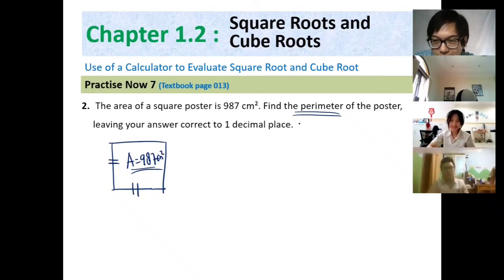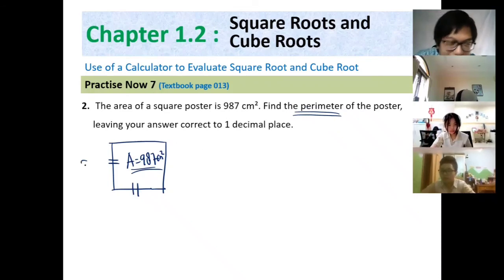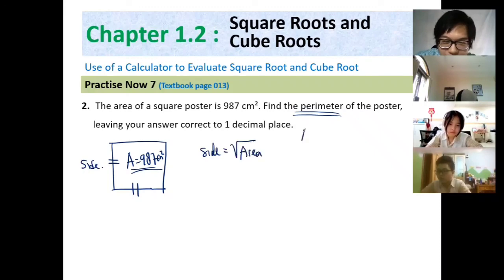Square of 987. Good. You have to find the side, right? Cari ini dulu. So the side is the square root of the area, right? Or the formula of area is side times side, right? So the side will be the square root of the area.